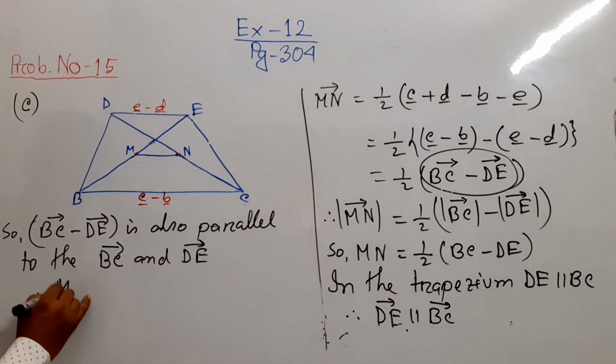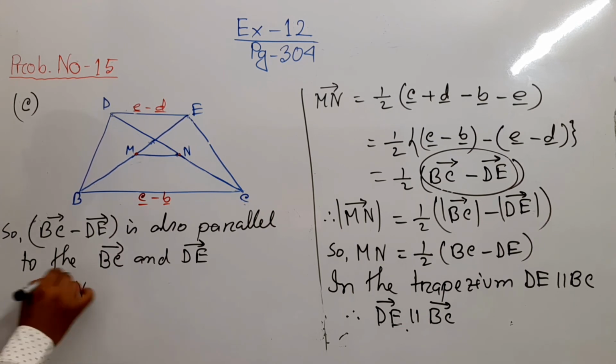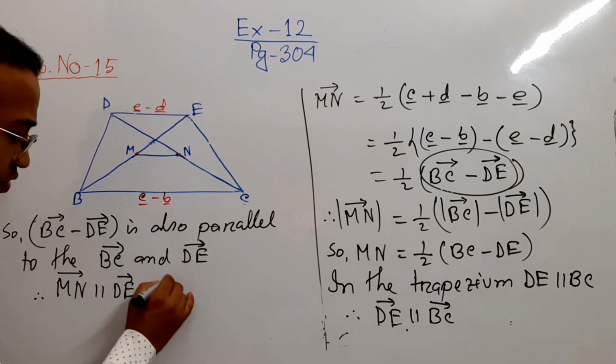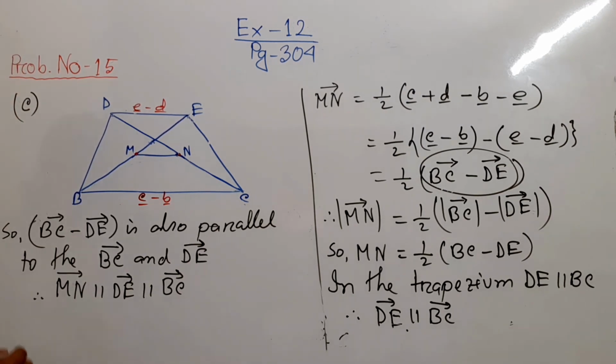Therefore MN is parallel to DE parallel to BC, taking only the magnitude.